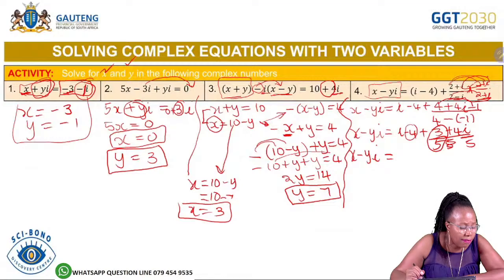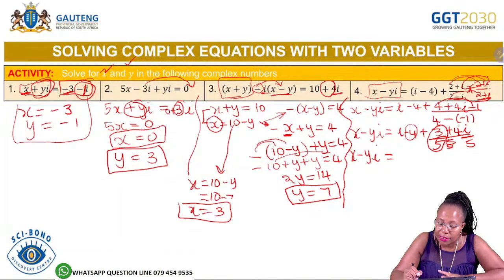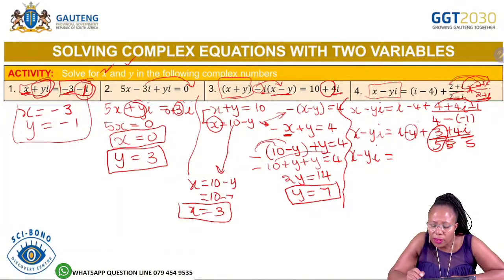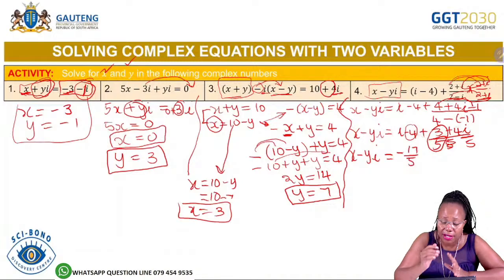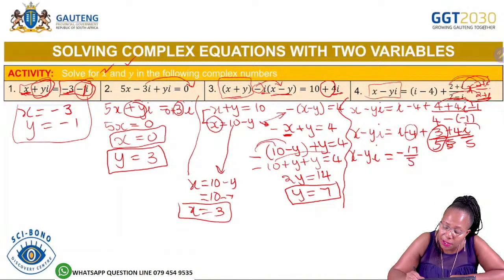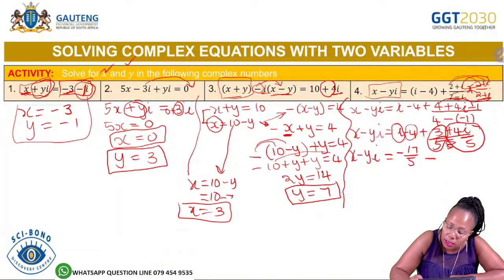That will be 5, 10, 15, 20, minus 20 plus 3, that will be minus 17 over 5. That is the real part. And the imaginary part, we are adding 4 over 5i plus 1i there. 4 over 5i plus 1i, that will be 9 over 5i.